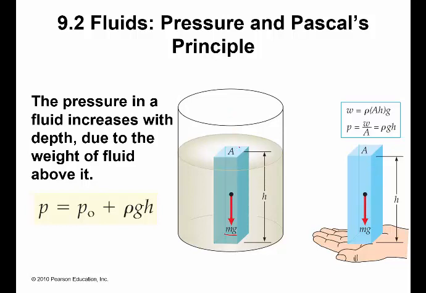And here's that A that's in our equation. So we've worked through all of these aspects to come up with this equation. We can find the pressure in the fluid if we know the pressure initially, the density of the object that we put in, the fact that we're on Earth, and then the literal height of that object.